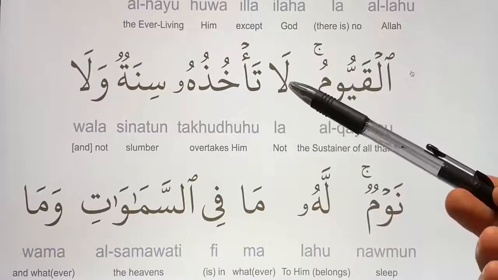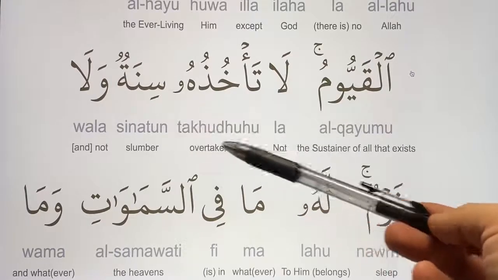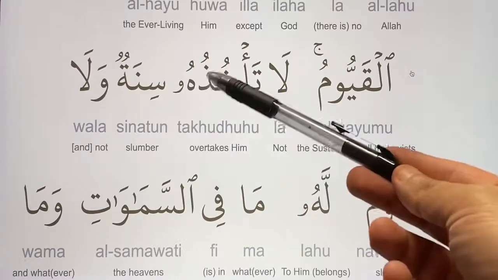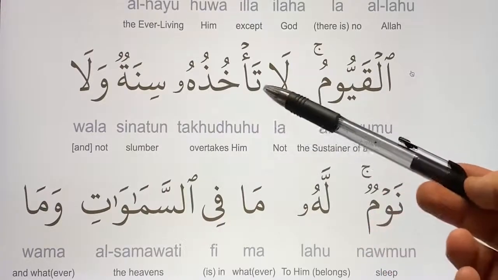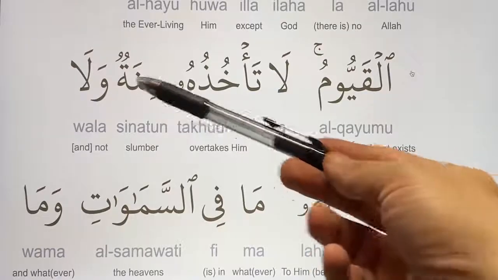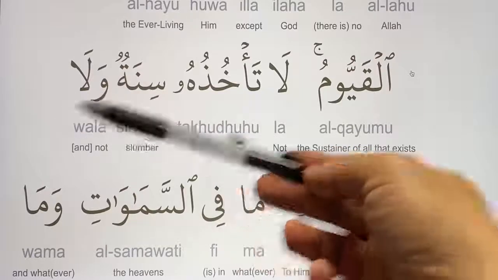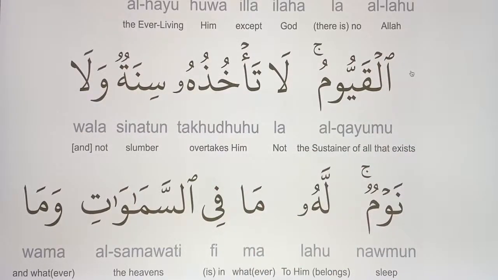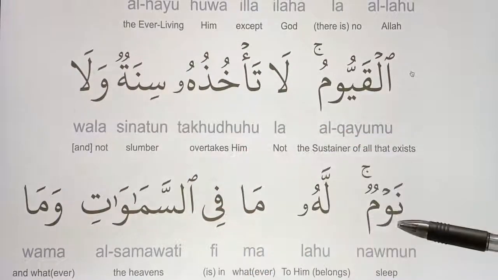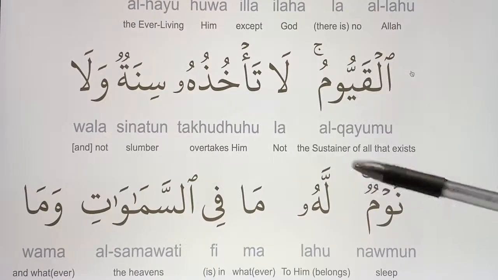Usually a DH is a ذ. Sinatun wala naum. Now if you're mixing, sinatun wala naum. Usually jeems are good places to stop. So this is part 2, okay?